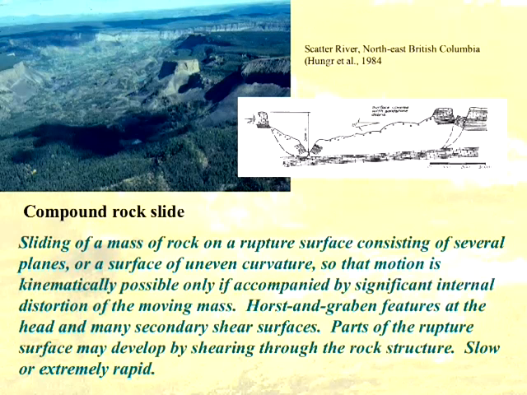And here is an example of a compound slide from the same area as the previous rock slump, from northeastern British Columbia. So what we have here is a nearly horizontally layered sequence of Cretaceous rocks, mostly shales, capped by sandstone at the top.